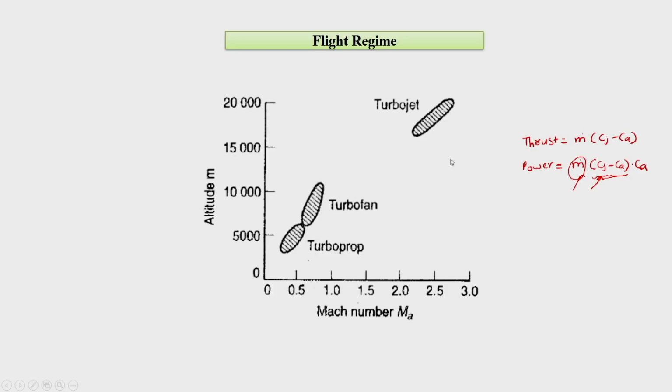In the case of a turbojet engine, we will have a further increase in Mach number and a further increment in altitude. So, turbojet engines prefer higher altitudes, and they can operate at supersonic Mach numbers also. So, this is how the flight regimes are defined for different aircraft engines.